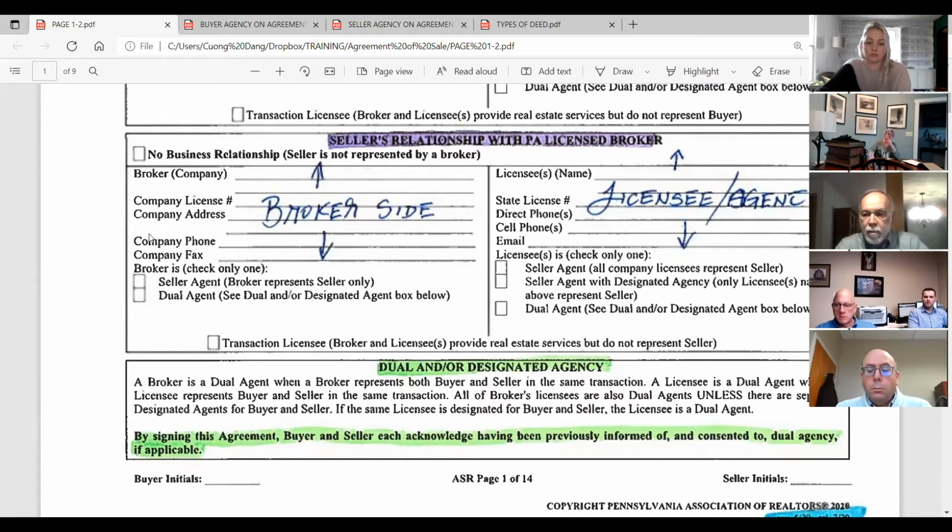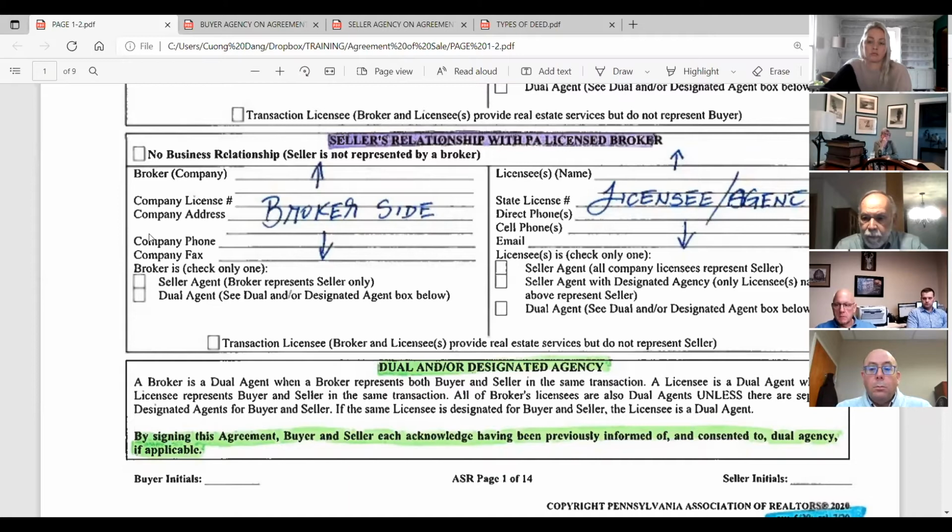A transaction licensee literally prepares paperwork for a buyer and a seller. So if a buyer and a seller have met, they've talked, they've agreed, they want to buy this property, they know what they're going to do, they ask you to write it up and you get paid $1,000, that's a transaction licensee. But the moment you say to a buyer, are you getting a home inspection?